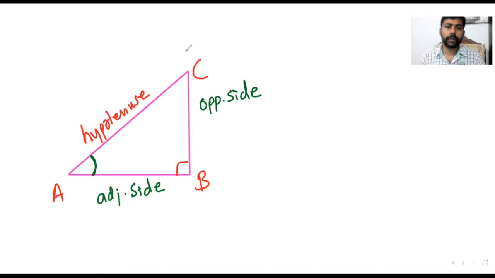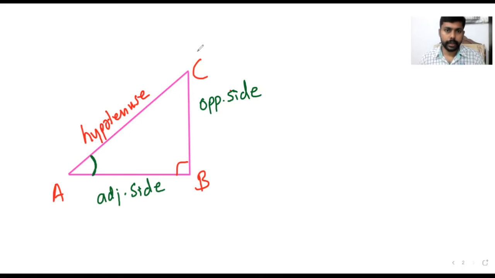So there will be a ratio between opposite side and adjacent side, opposite side and hypotenuse, and adjacent side and hypotenuse. So there can be different ratios, and these ratios will be fixed.